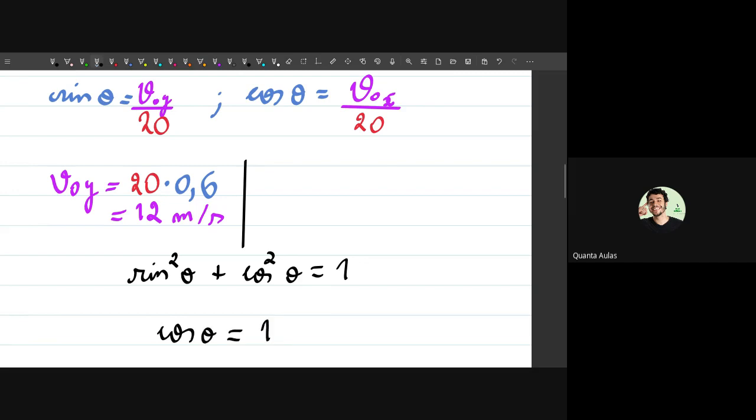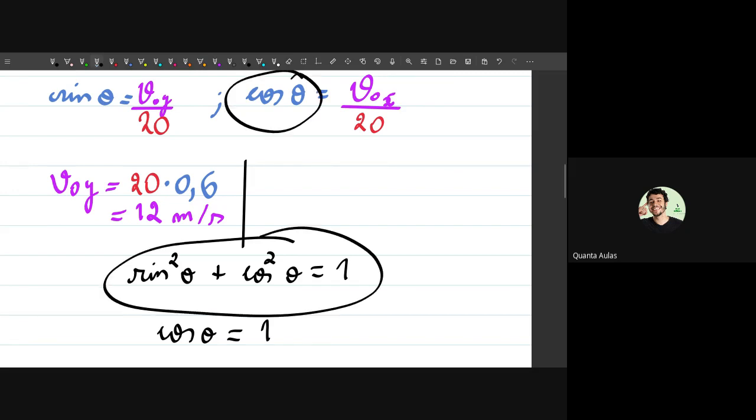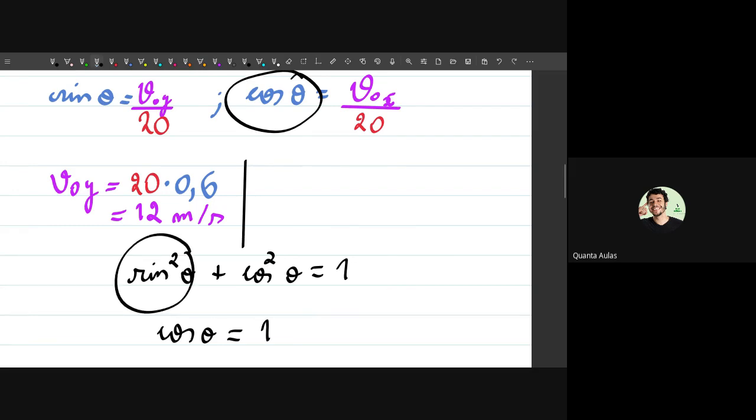Amazing. So we need to obtain the value of cosine, and we have this equation. This is a famous trigonometric formula. I will put this sine on the other side. So we have this, but cosine here is squared.